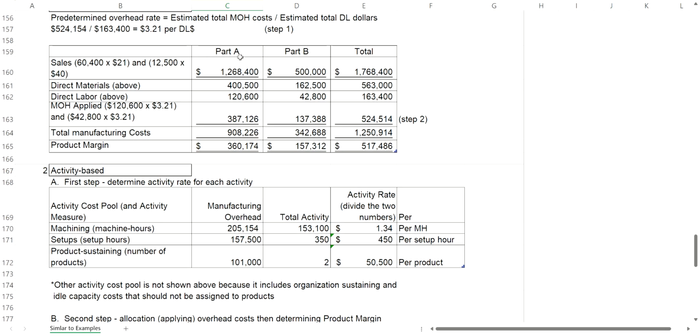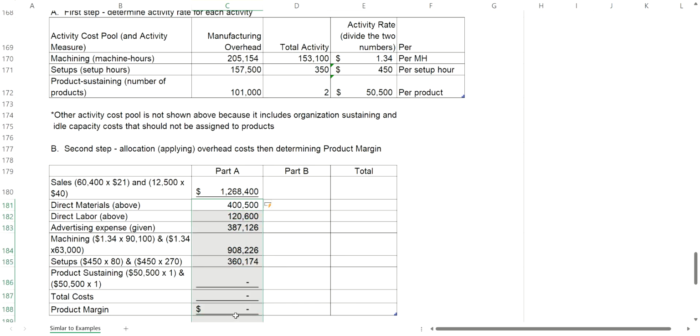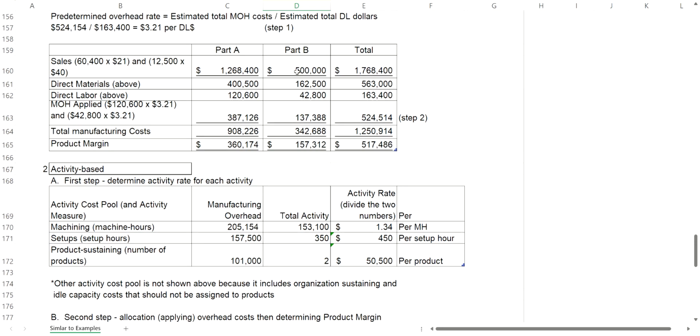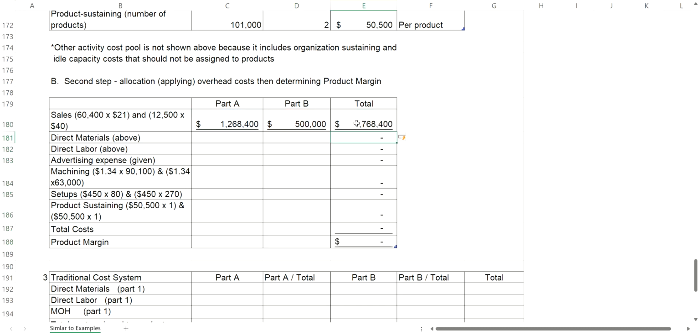Okay, so sales will be 1,268,400 for product A and 500,000 for product B for a total of 1,768,400.